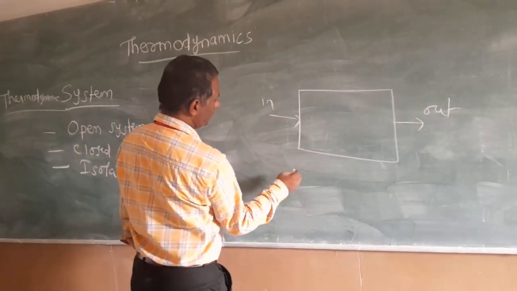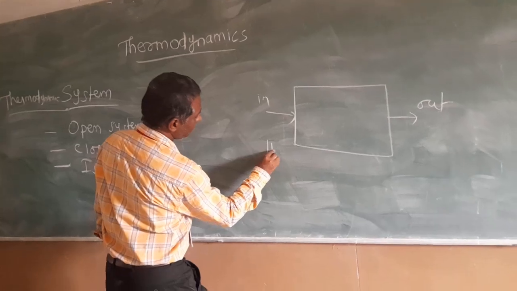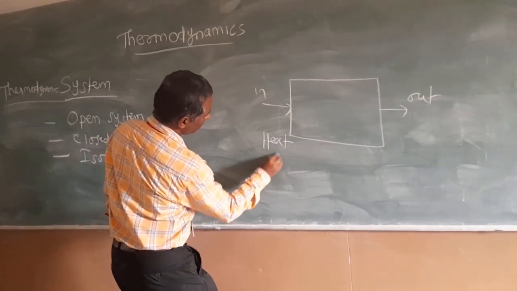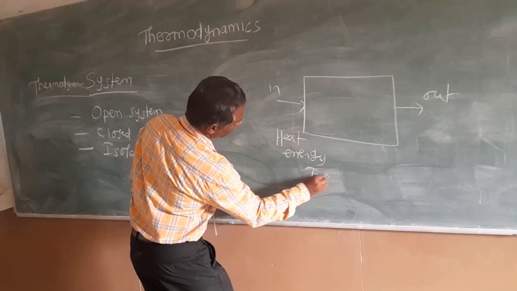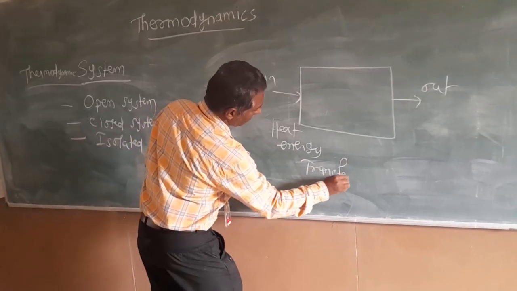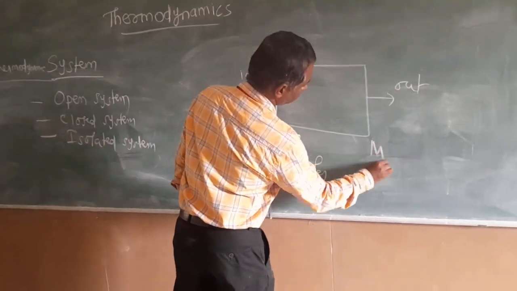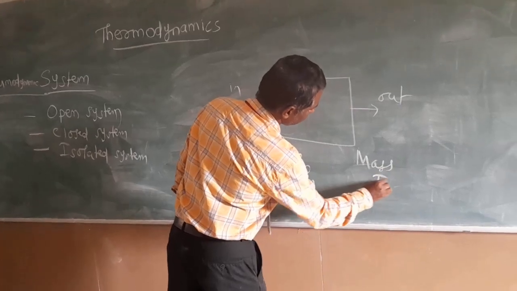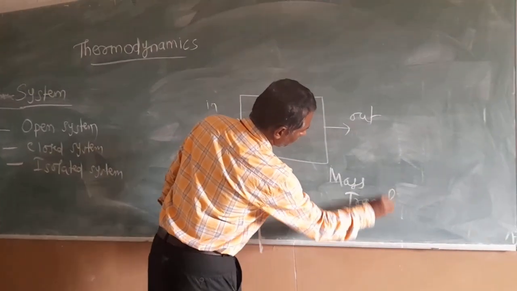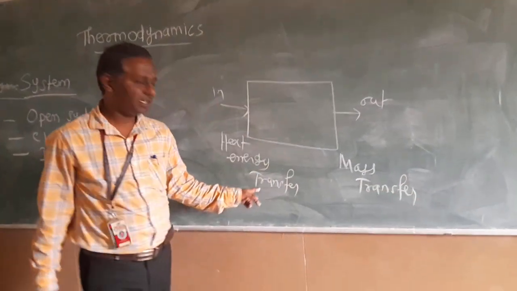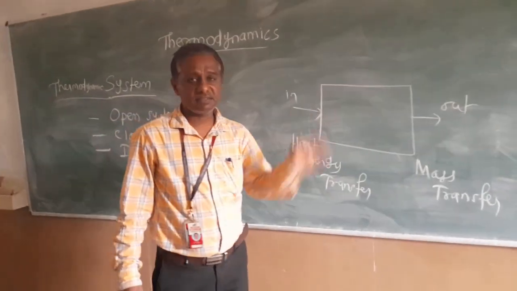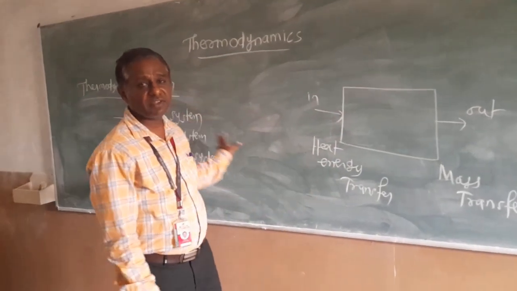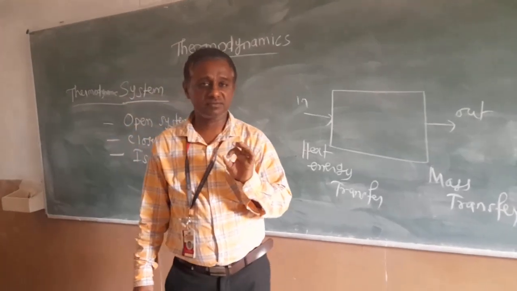Whether there will be energy transfer, or heat energy transfer, and mass transfer. Two things are there: energy transfer and mass transfer. Whether they are there in the system, then we can classify what type of system it is.